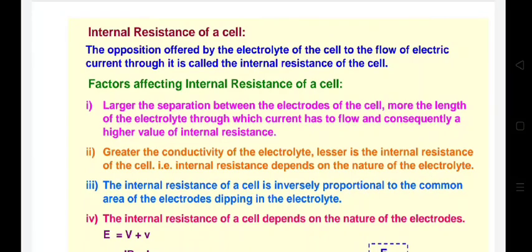The external circuit is connected with the help of a conducting wire, but inside the cell there are terminals, the anode and the cathode, that are dipped in the electrolyte, and the current has to flow through the electrolyte. So the resistance offered by the electrolyte of the cell to the flow of electric current through it is called the internal resistance of the cell.